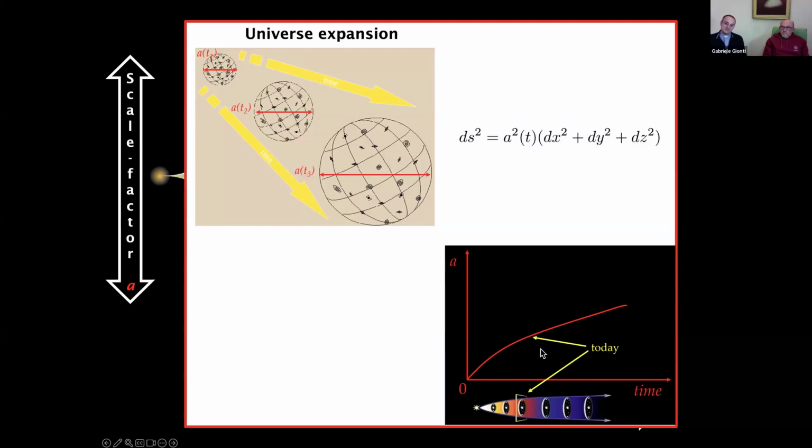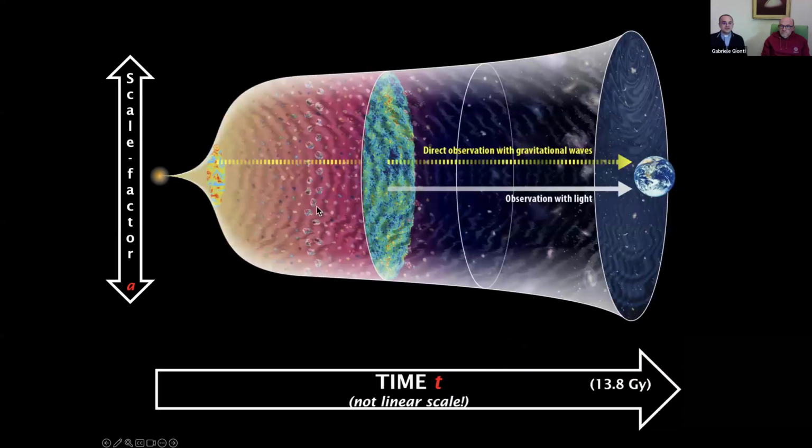And today we see, looking at the galaxies, this expansion of the universe, something which is described in the famous Hubble-Lemaître law. But today we will speak about expansion really at the beginning of the universe. You see this very, very quick expansion just after the beginning of the universe called inflation.